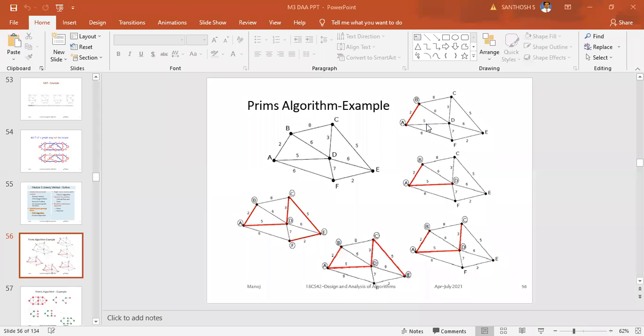In that, 5 is the minimum one. So you go with A to D. That's why in the diagram, you have given A to D here. So from B to A, from A to D.